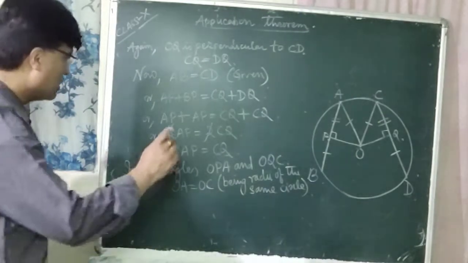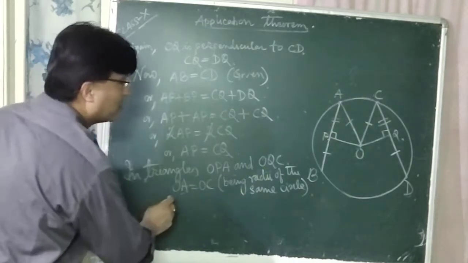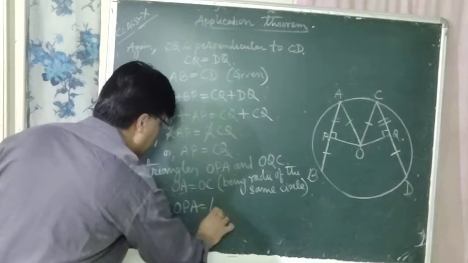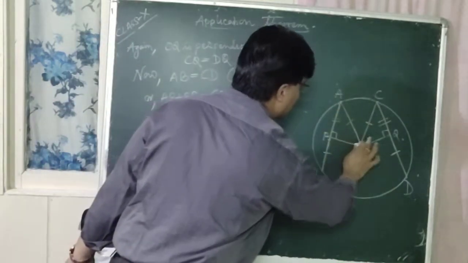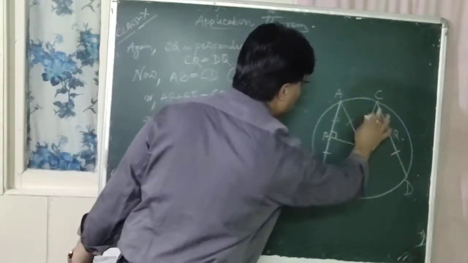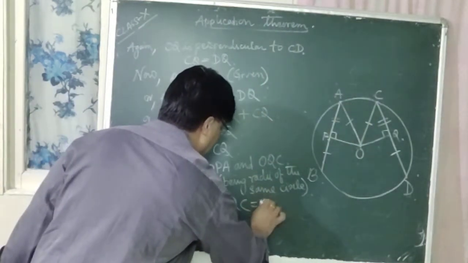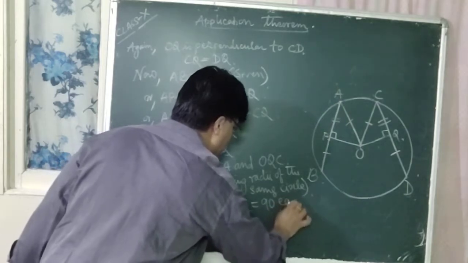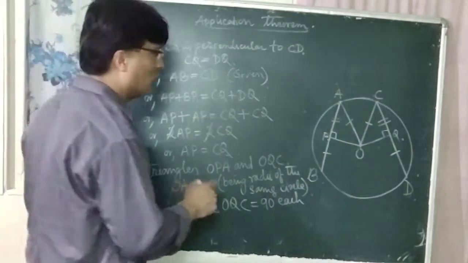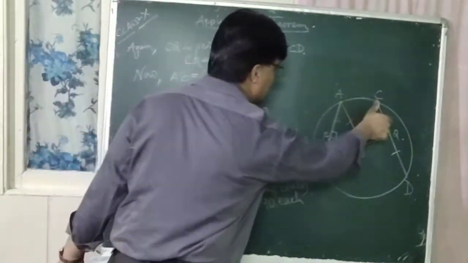Is that clear? Next, angle OPA is equal to angle OQC, right? Both are 90 degrees each. And just now we proved that AP is equal to CQ, isn't it?